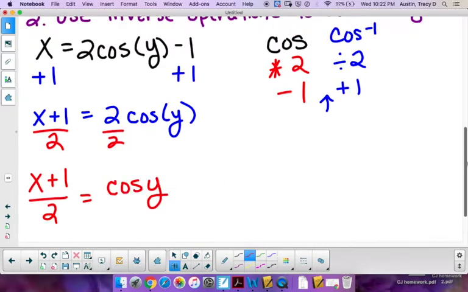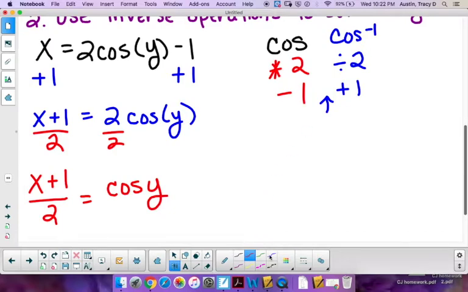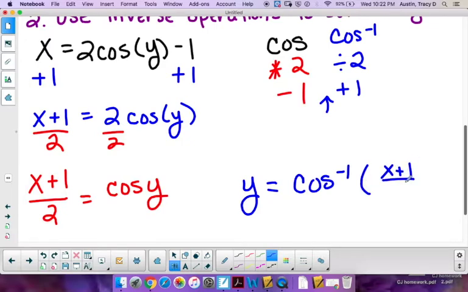And the last step is to do the inverse cosine on both sides. Well, if I take the inverse cosine over here, cosine times cosine inverse, I'm just going to get y. It cancels itself out like any other inverse operation. The other side, I just get to write it as (x plus 1) over 2.